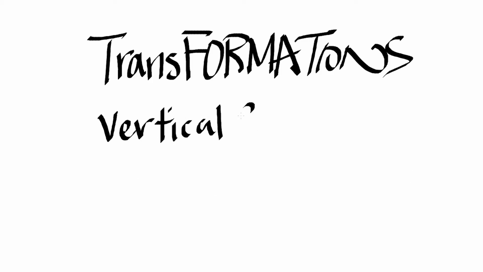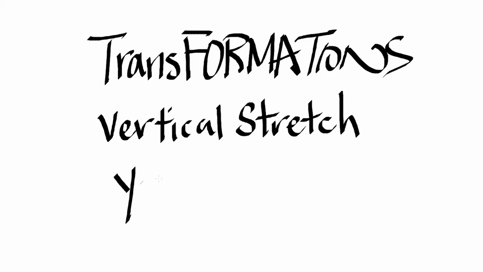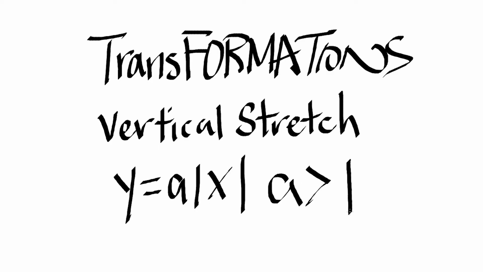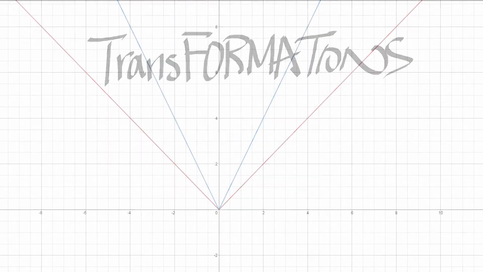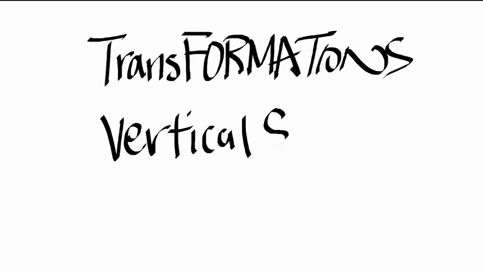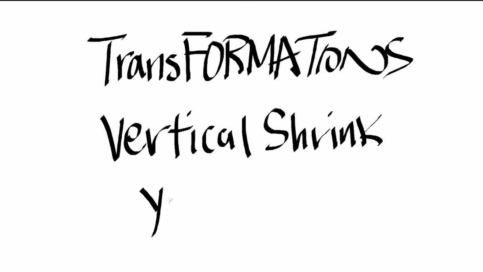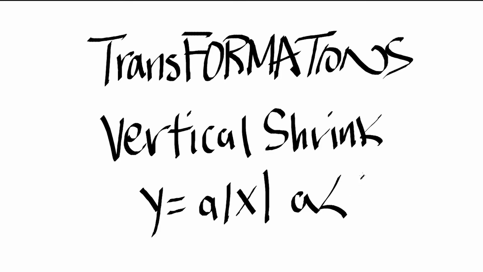Vertical stretch, y equals m times the absolute value of x when m is greater than 1. Vertical shrink, y equals m times the absolute value of x when m is less than 1.